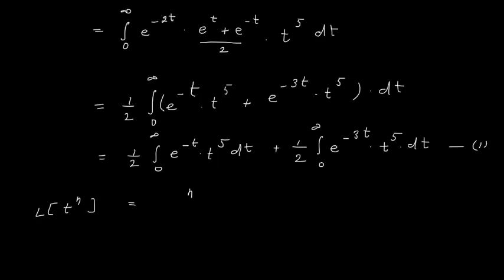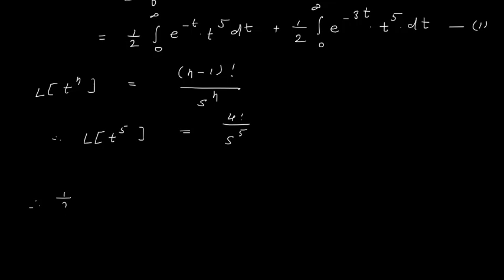Laplace of t power n is n minus 1 factorial divided by s power n, right? Here we have t power 5, so Laplace of t power 5 will become n minus 1 factorial, so this will become 4 factorial upon s power 5.